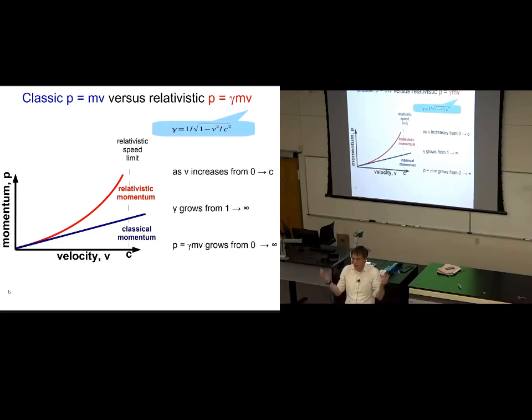It's 100, it's 1,000, it's 10,000. And so it becomes huge. And so the relativistic momentum starts to climb vertically and can never cross this speed limit. You see again the appearance in nature of a speed limit.